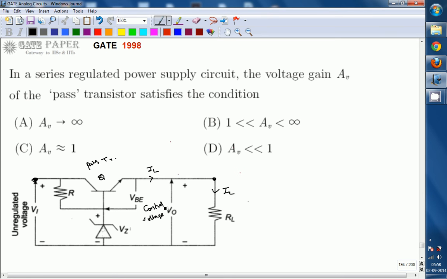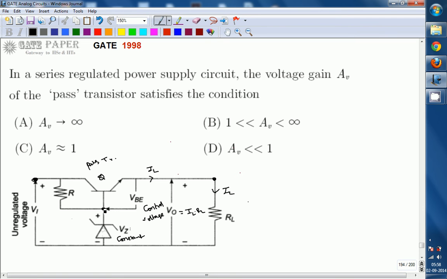We can always say that V0 is equal to IL times RL. The Zener diode must be in reverse bias, in the Zener breakdown region, where it maintains a constant voltage across it, so VZ is always constant.